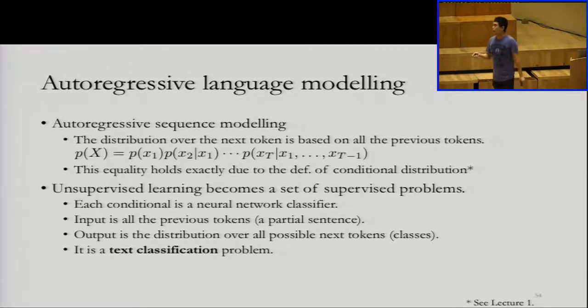If you look here, we're going to have a different number of text classification problems depending on the length of the sentence itself. But we can use a single text classifier that's shared across every single location. So this paradigm allows us to build a single text classifier, in addition to the unigram first-token probability distribution, that deals with sentences of any length.